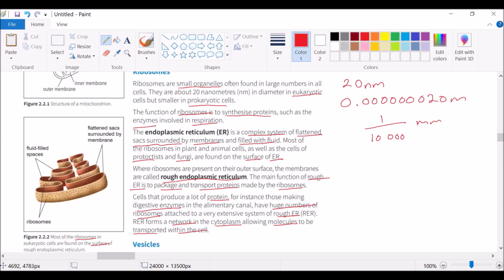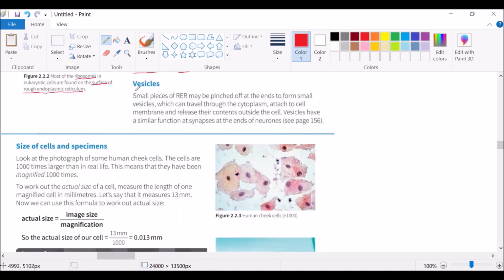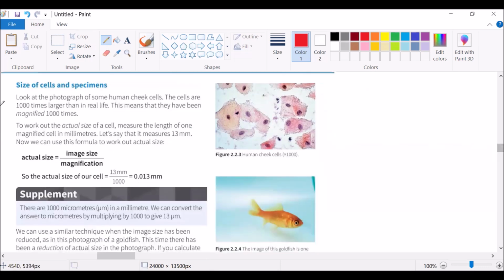So this is a diagram of ER with ribosomes on it, so it becomes rough endoplasmic reticulum. Vesicles: small pieces of rough endoplasmic reticulum may be pinched off at the ends to form small vesicles, which can travel through the cytoplasm, attach to the cell membrane, and release their contents outside the cell.